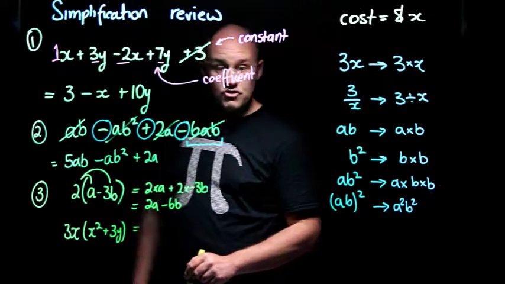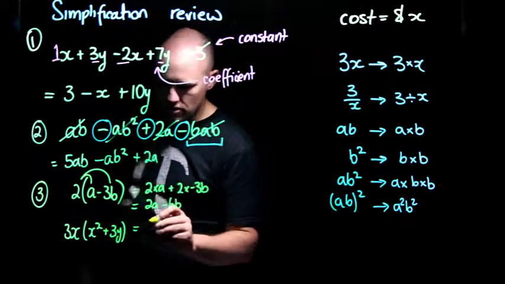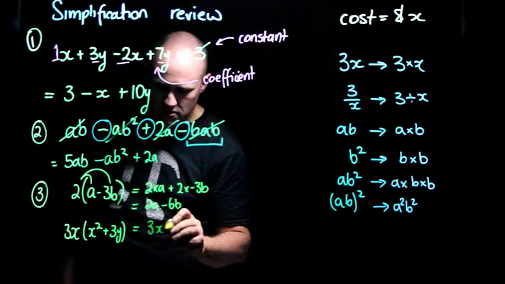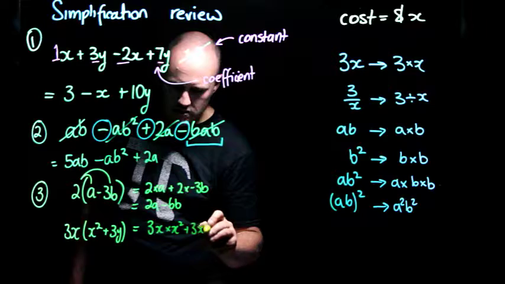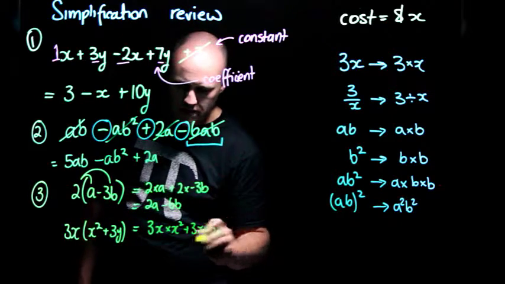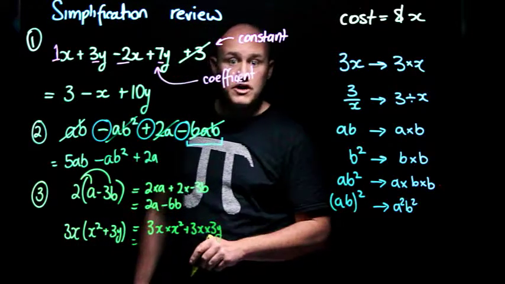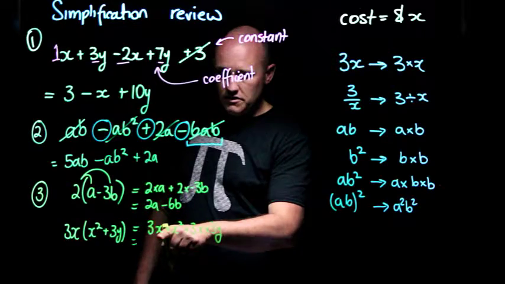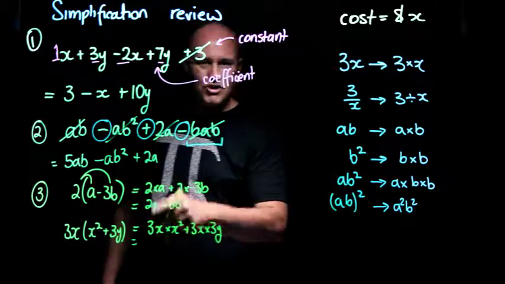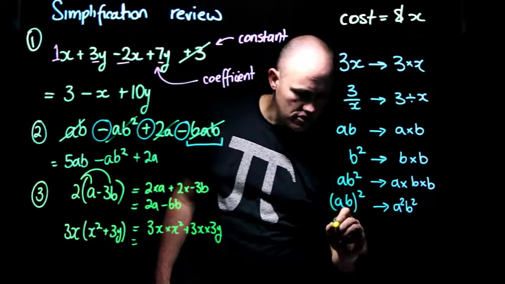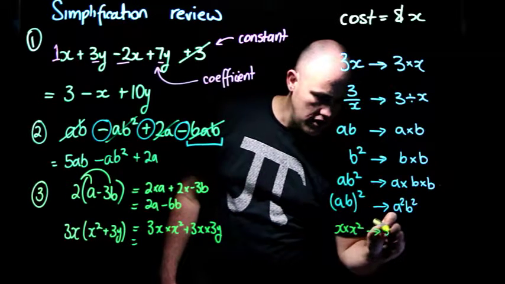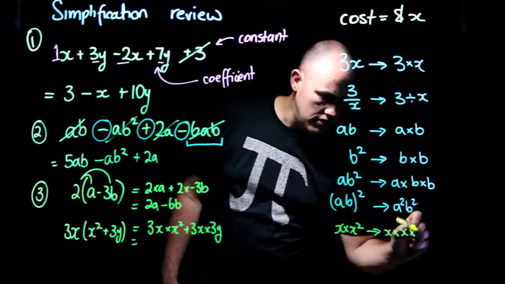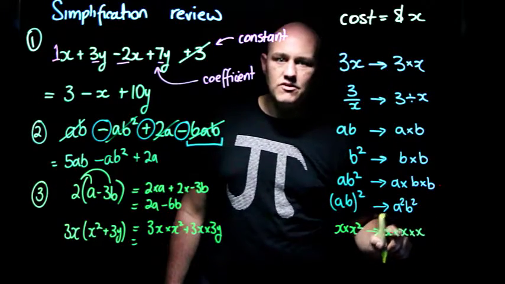If I apply the distributive law to this, 3x times x squared plus 3x times 3y. And 3x times x squared, well, this is a bit tricky and it involves index laws, which you may have covered, you may not have, but just as a note here, x times x squared is equal to x times x times x, which is actually a definition of a cube.